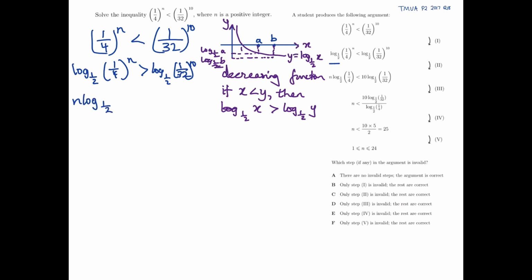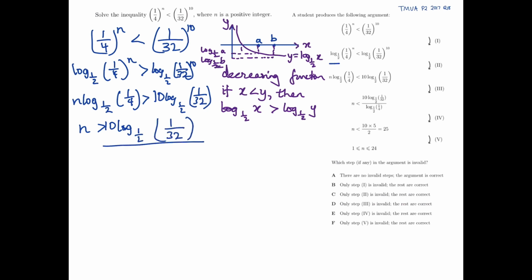So you have n log base half of a quarter is greater than, we can apply the same trick here, 10 log base half of 1 over 32. Now, make n the subject, so we have n is greater than 10 log base half of 1 over 32 divided by log base half of a quarter.